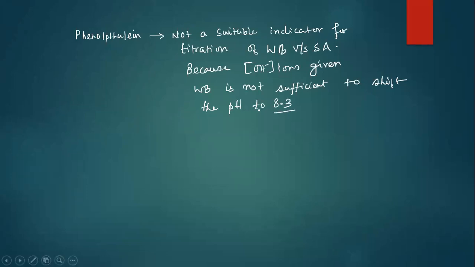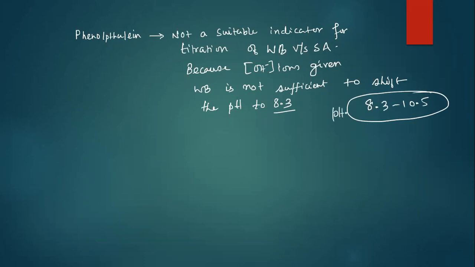Phenolphthalein has a pH range, and it generally acts from 8.3 to 10.5. This is the pH range of phenolphthalein, so accordingly you have to calculate. If you use a weak base, the OH minus ions given are very few, and that is not sufficient to shift the pH to 8.3.